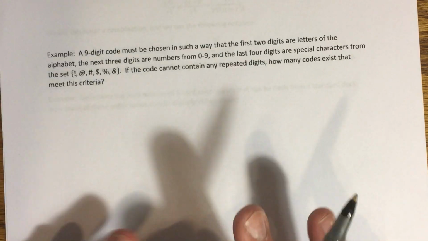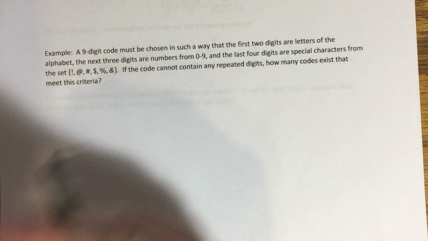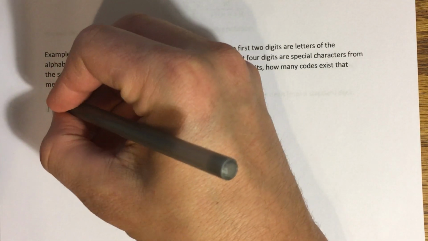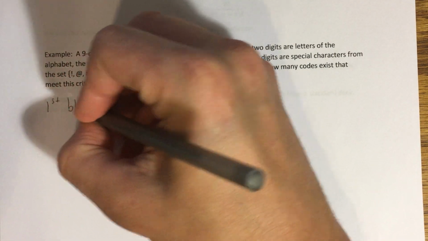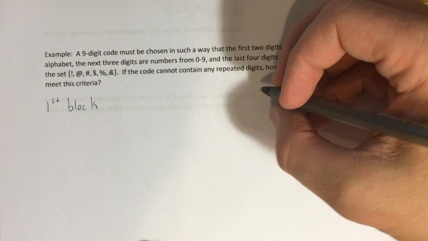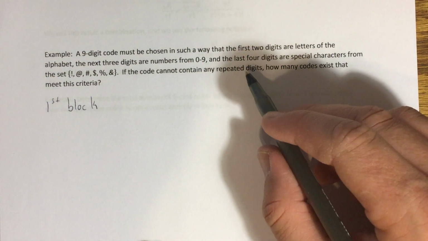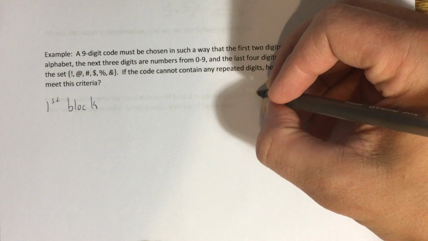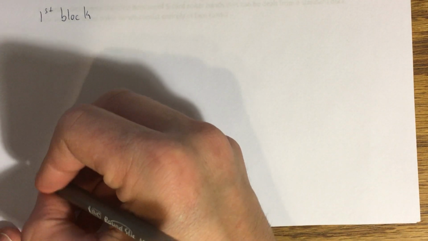Okay, so what we're going to do is think of this in 3 blocks. What I mean by block is, let me give you an example of a code. My first 2 digits are letters of the alphabet. One possibility is that I have AB.